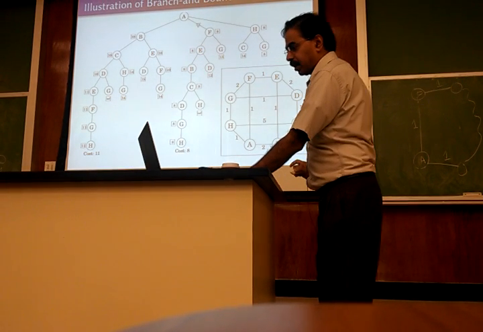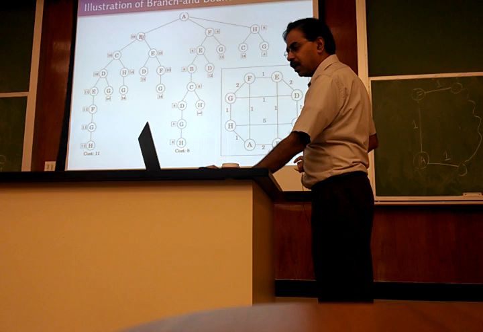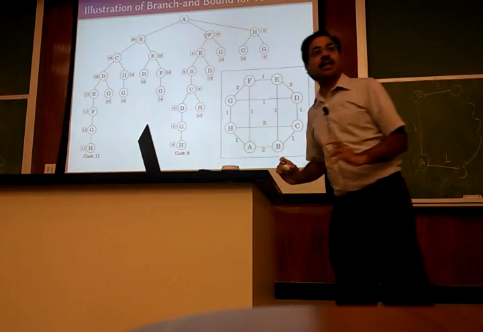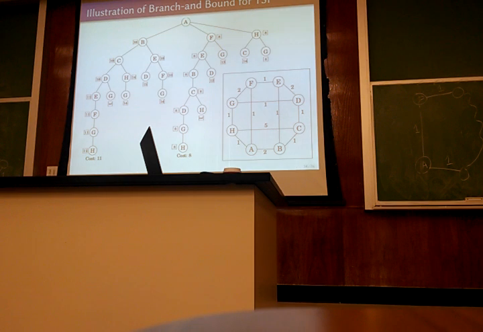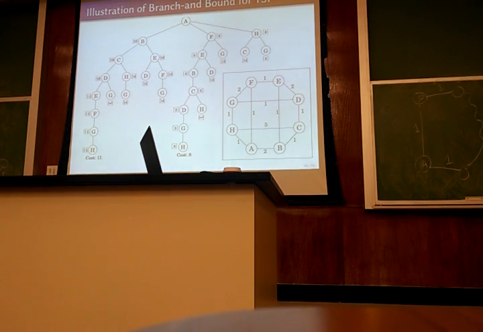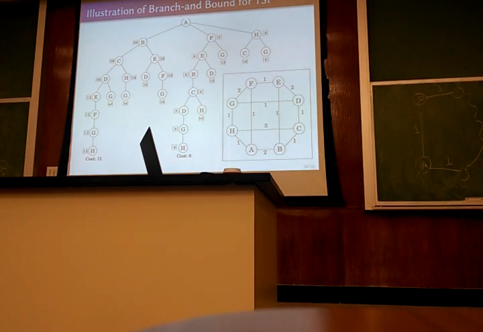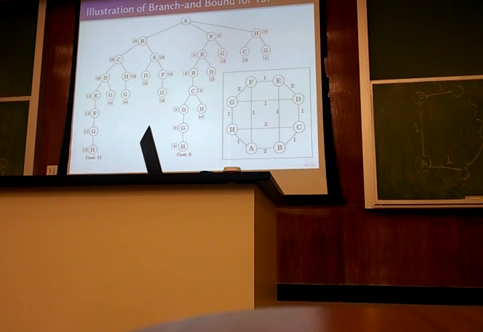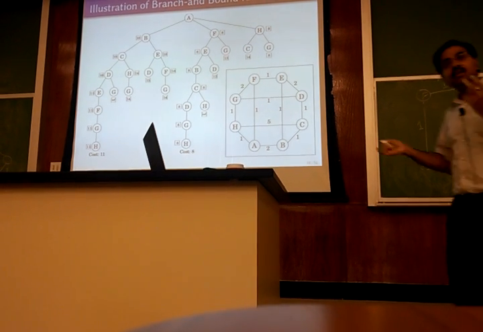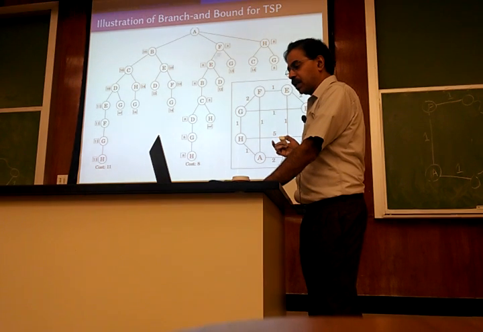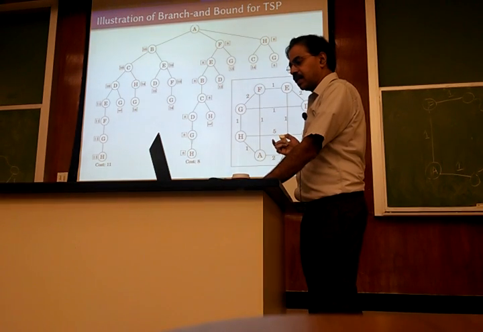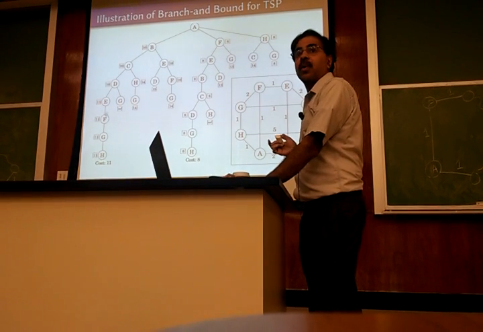You could also use another heuristic which says, okay, I'm not going to go into B first, I'm going to go into F first because F seems more likely to produce a lower cost solution, right? Of course, I don't know that it's going to produce a lower cost because it's just a lower bound, right? But it stands to reason that there is a better chance for finding a lower cost solution, so I might actually go down this branch first, and if I did that, then I would not have explored any of this, right?